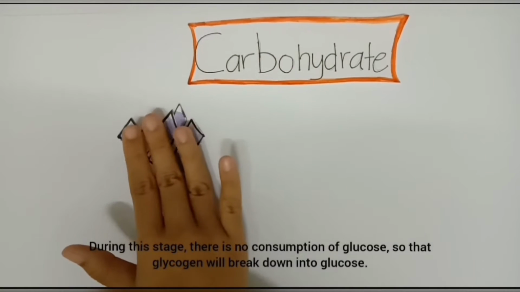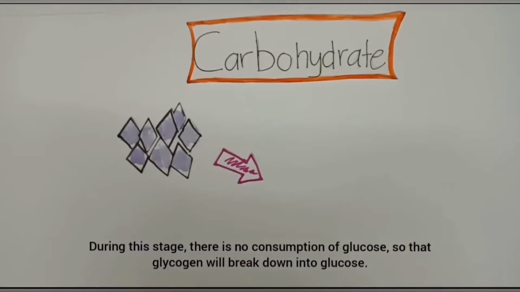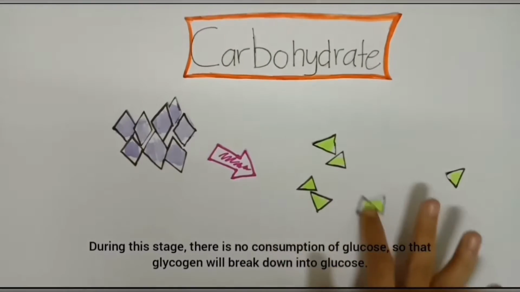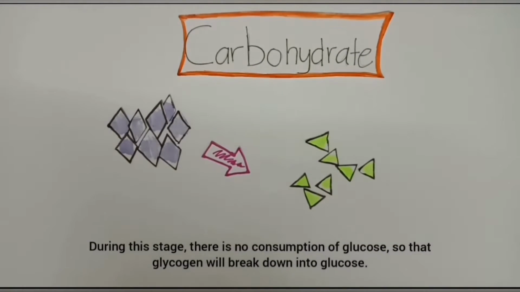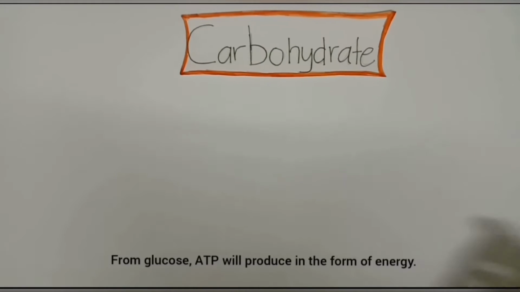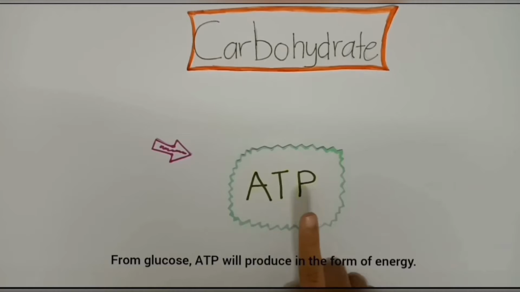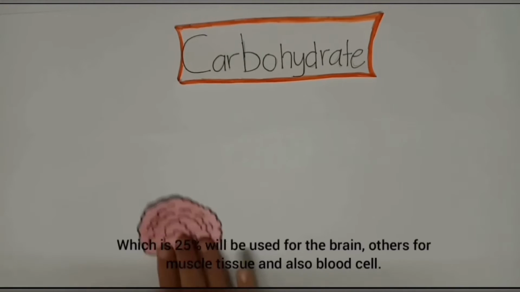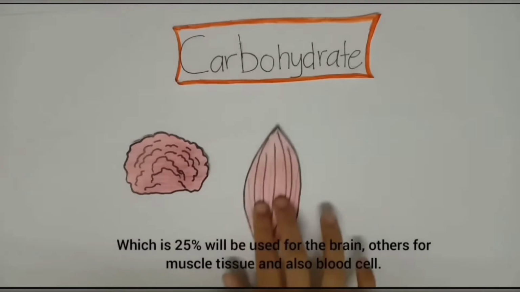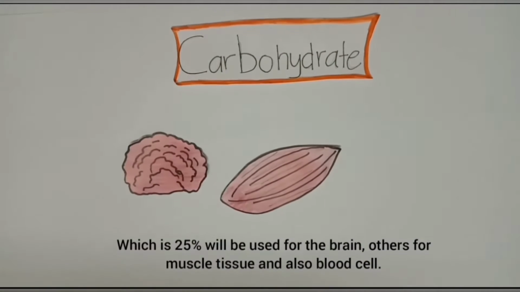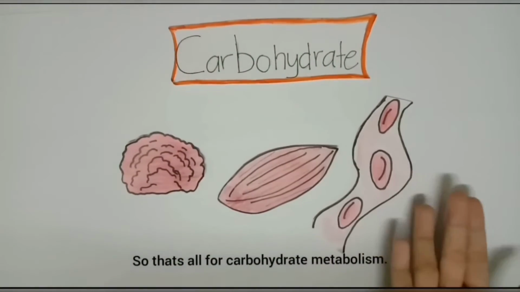During this stage, there is no consumption of glucose, so glycogen will break down into glucose. From glucose, ATP will be produced in the form of energy, of which 25% will be used for the brain, and the rest for muscle tissue and also blood cells. So that's all for carbohydrate metabolism.